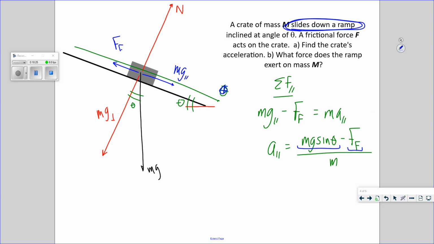If the friction force is bigger than mg sine theta, then the top of this fraction is negative. The acceleration is negative, which means the net force and the acceleration are that way. And if it's sliding down the ramp but accelerating up the ramp, it would slow down until it stops. But since we don't know much detail about the question, all we can say is that's the best answer.